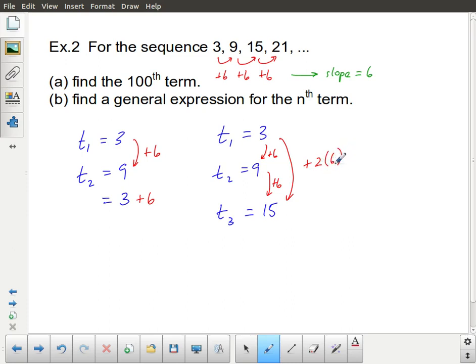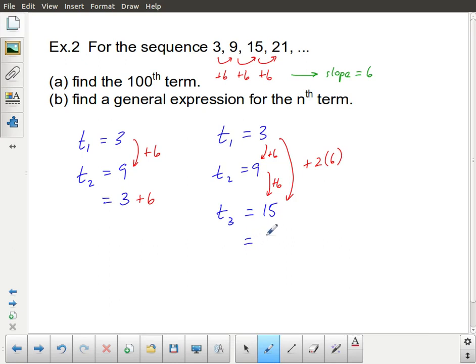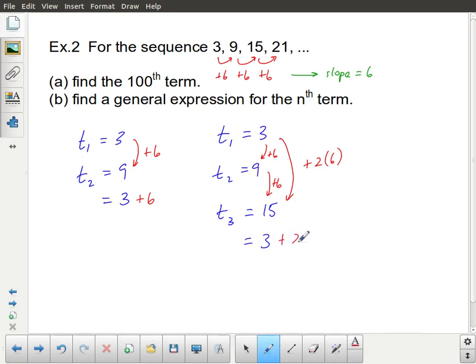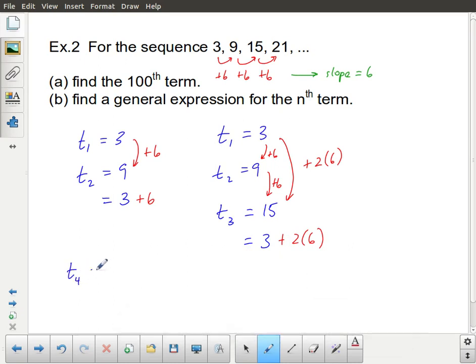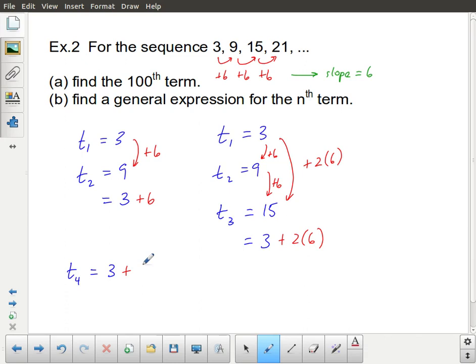I added 6 twice. So I could write t3 as 3 plus 2 times 6. And hopefully from there you can see that I could have written t4 equal to 3, but for t4 I had to add 6 one more time, so that's going to be plus 3 times 6.